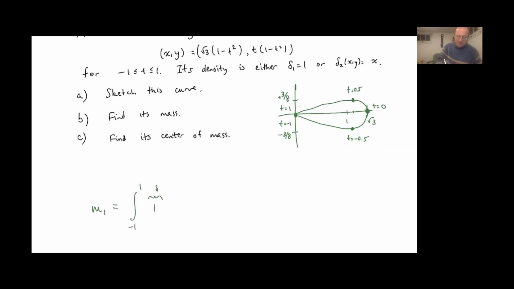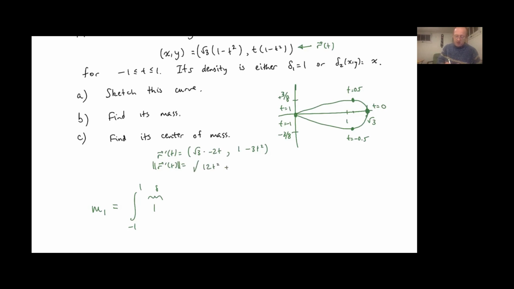If that given parameterization is our r of t, then r prime of t is square root 3 times -2t, and then 1 minus 3t squared. And the magnitude of r prime of t is the square root. When we square this component, we get 12t squared.